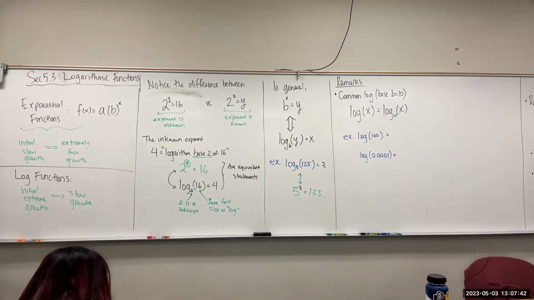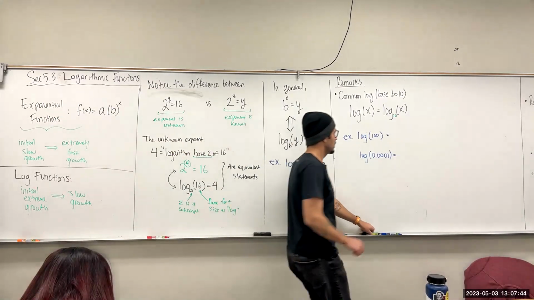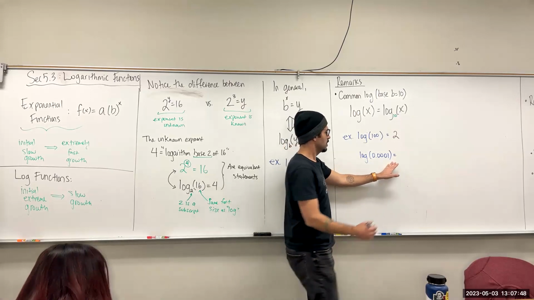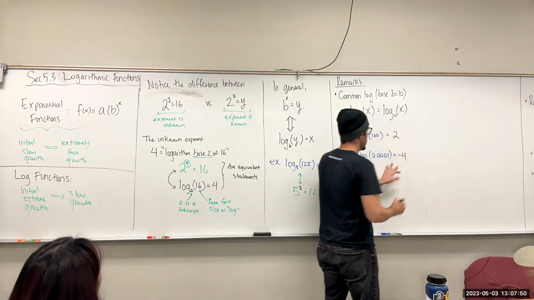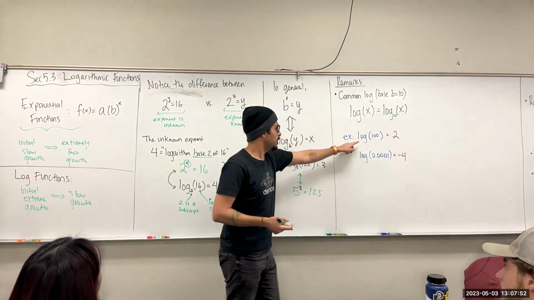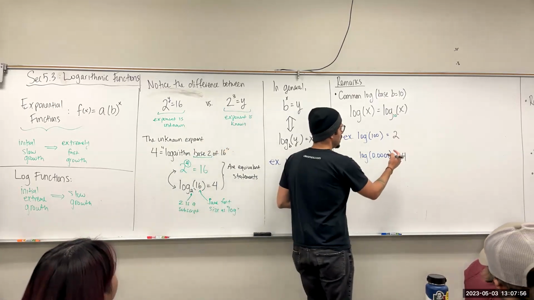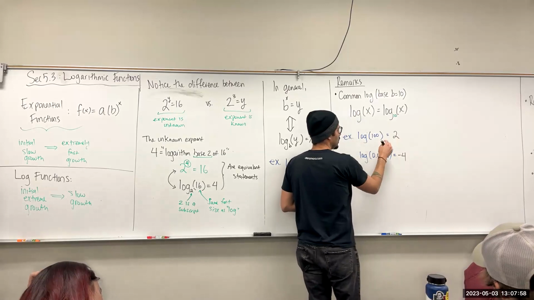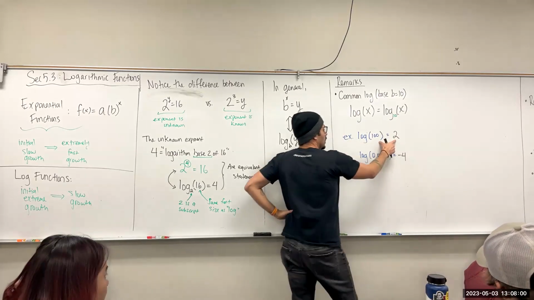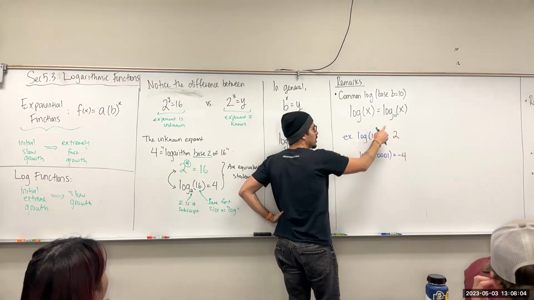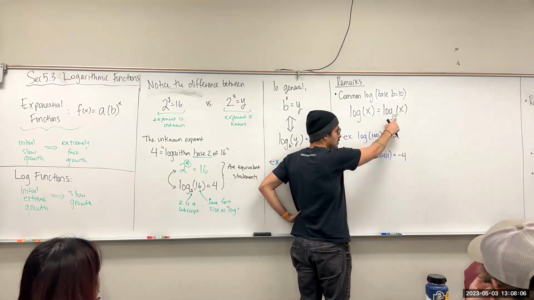So Aldo, what'd you get for the first one? 2. Okay. And for the second one? -4. Let's see whether that makes sense if I rewrite this in exponential form. Remember, when you see no base here, it really means base 10, right?